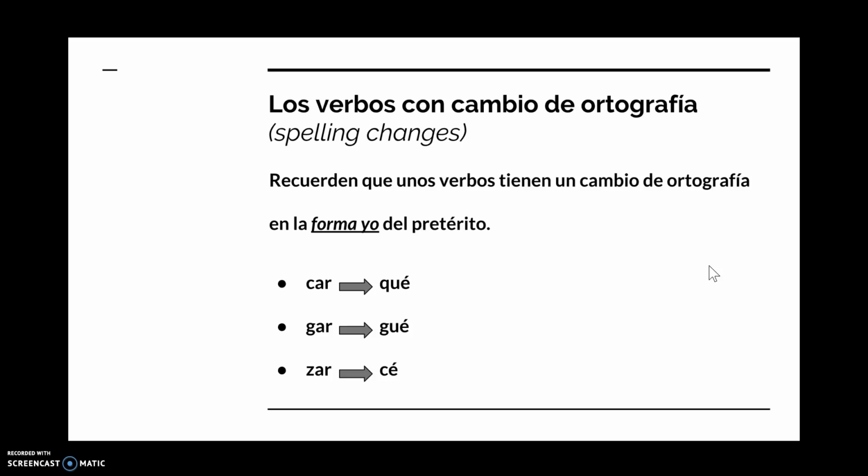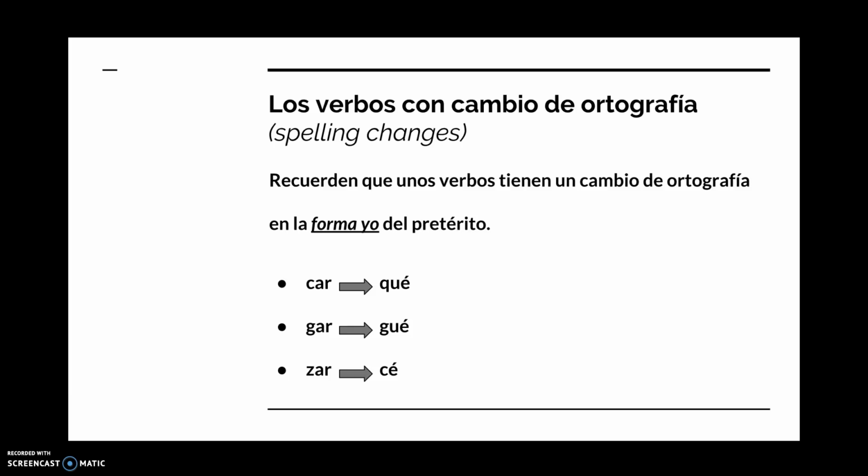Los verbos con cambio de ortografía, or spelling change verbs, are something that we worked with a little bit back earlier in the year during second quarter. What you need to remember here is that some verbs tienen un cambio de ortografía, so some verbs have a spelling change, en la forma yo del pretérito.